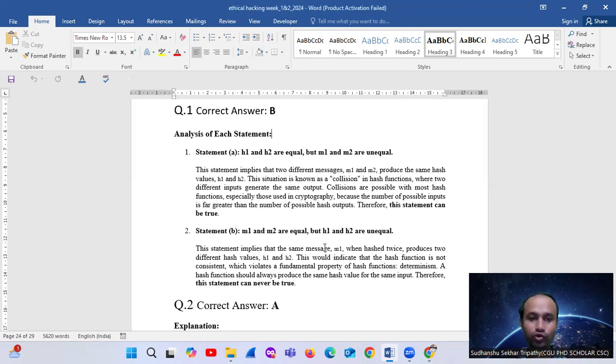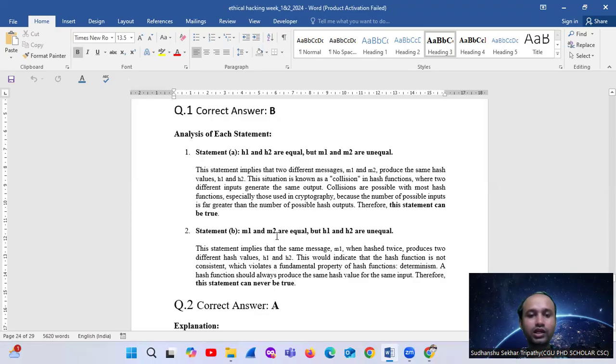Collisions are possible with most hash functions, especially those used in cryptography, because the number of possible inputs is far greater than the number of possible hash outputs. So therefore, this statement can be true. Okay. So a true statement है H1 and H2 are equal, but M1 and M2 are unequal.